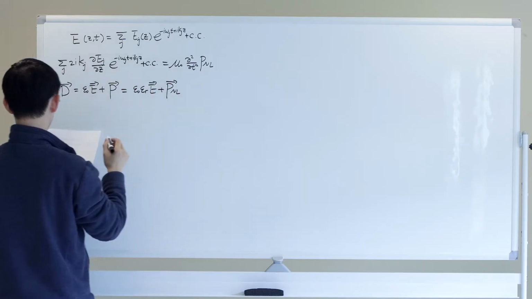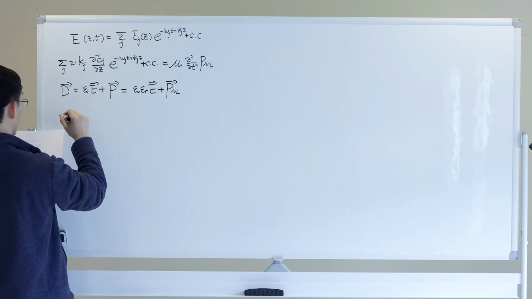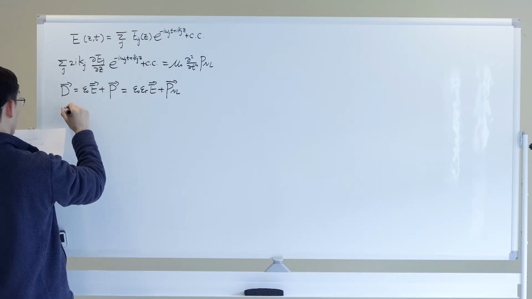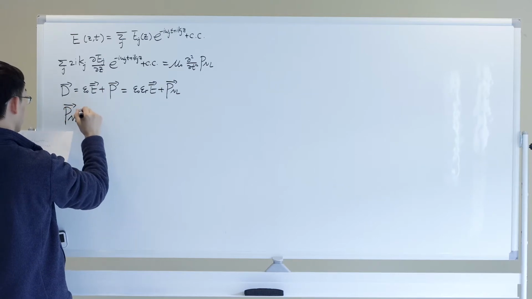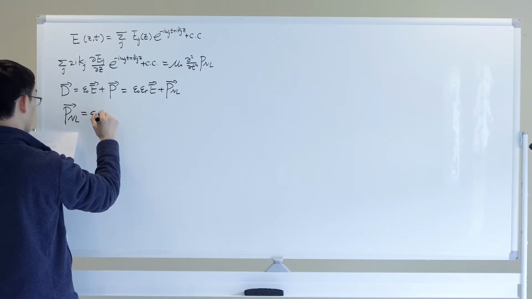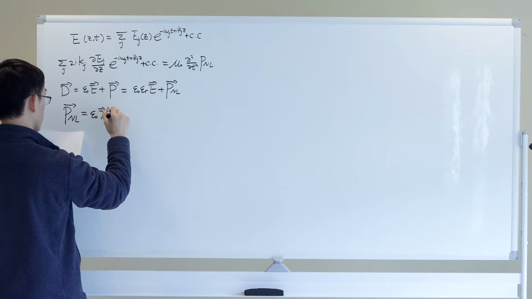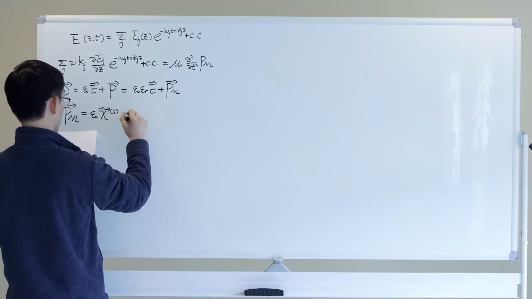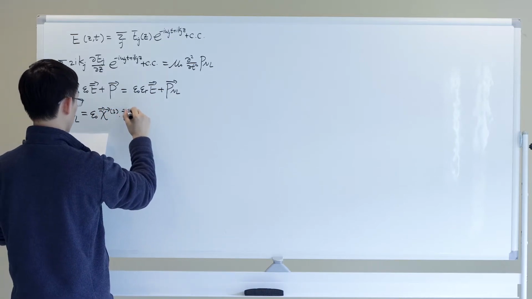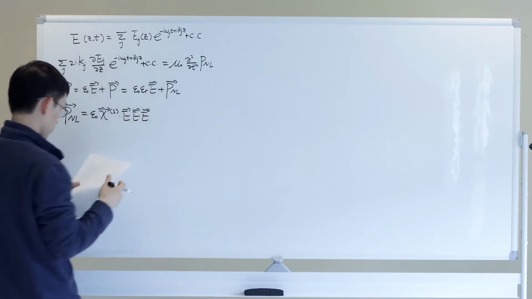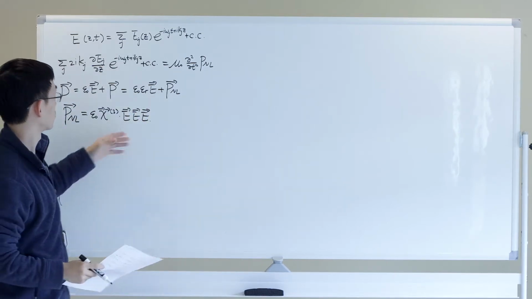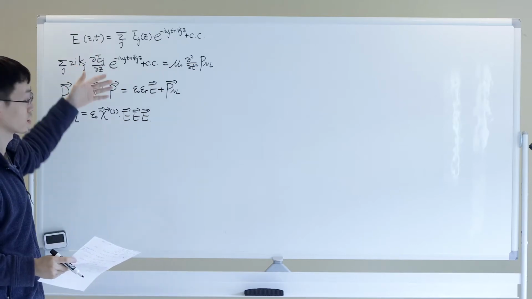And for third order harmonics, for third order nonlinearity, we have the nonlinear polarization equal to epsilon chi3 and then E cubed, basically. Okay, so this is kind of standard.